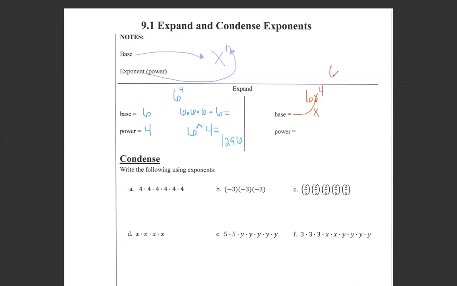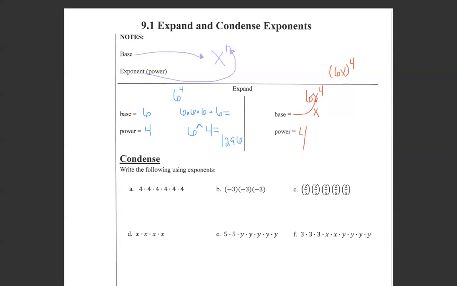If I wanted 6 to be taken to the fourth power, I would put 6x in parentheses, meaning I'm going to do 6x times 6x times 6x times 6x. But I'm not doing that. Instead, I am just taking x to the fourth power. So x is my base and my power is 4.